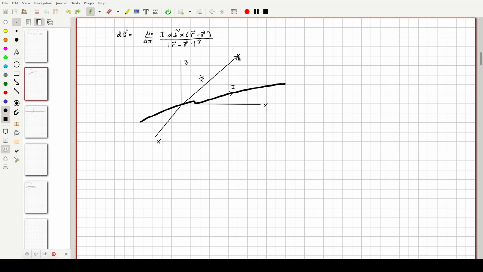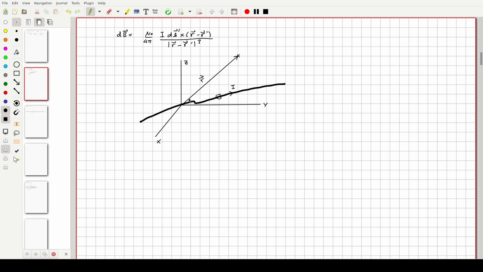The magnetic field at this point is a consequence of all the little bits of magnetic field contributed by current along the entire path. That contribution we think of as being due to a small little bit of current, which you could think of as a dI. But this current is constant right here.